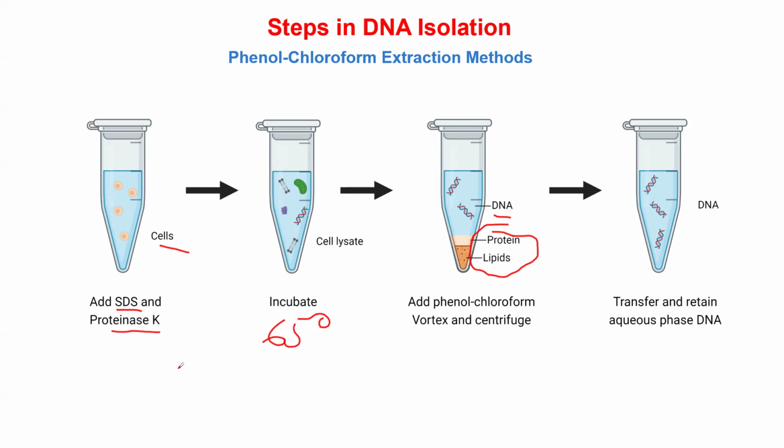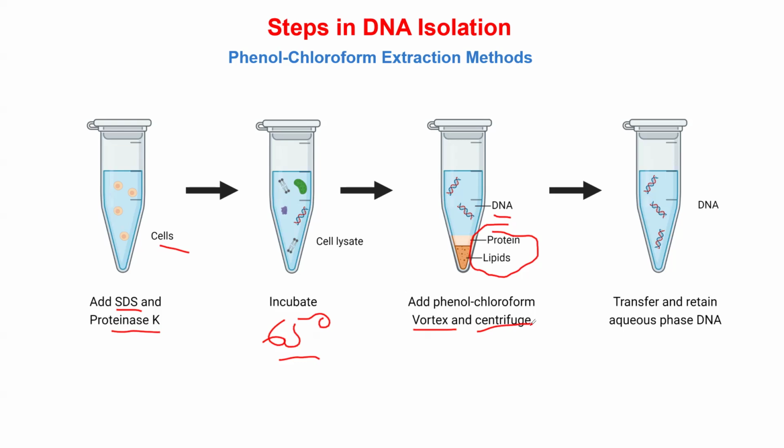After you lyse, the lysate is incubated at 65 degrees centigrade. Then you add phenol-chloroform, vortex, which is like shaking, and then you centrifuge. A centrifuge is a machine that you use to separate two different solutions.